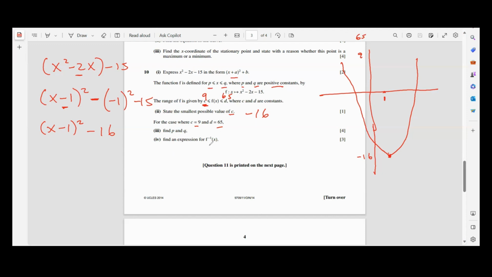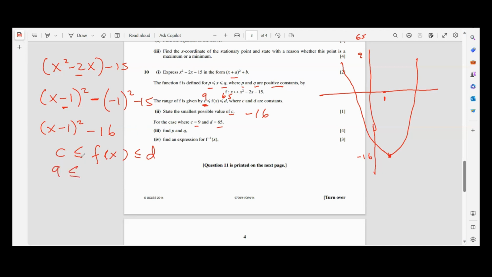Okay, I will try to substitute, I think. So it says that for the C and D, the f(x), what is it? 9.